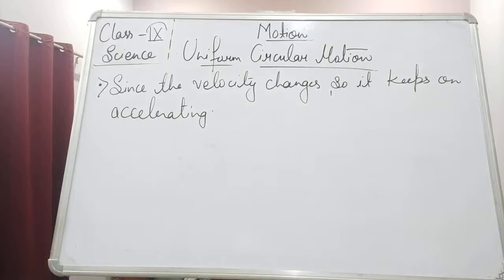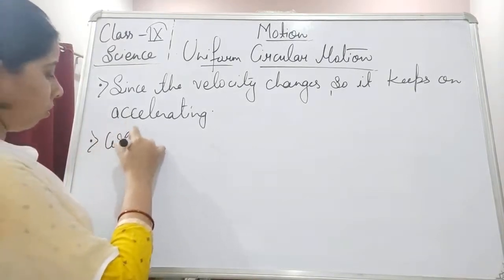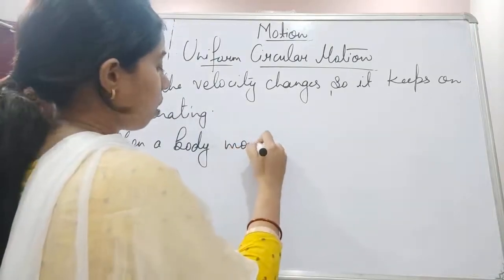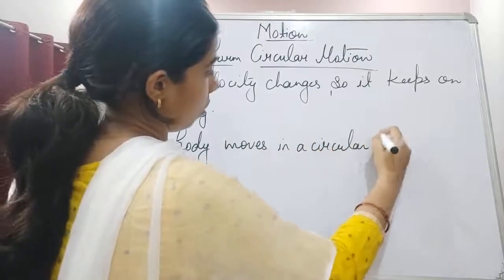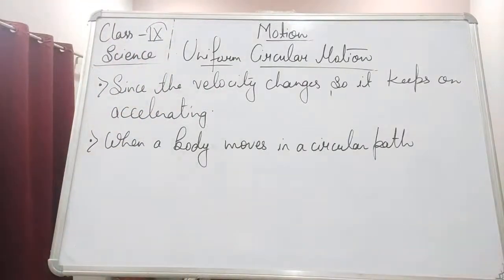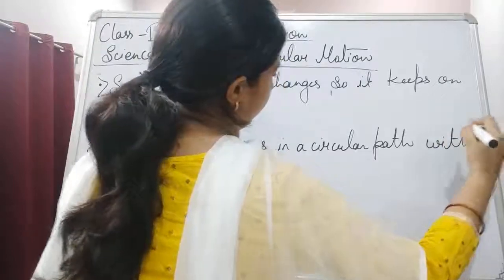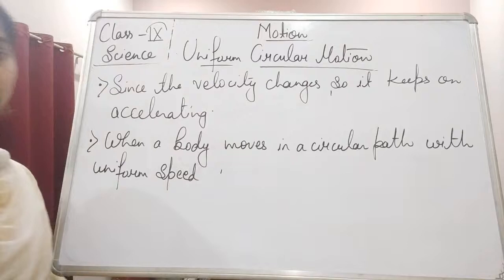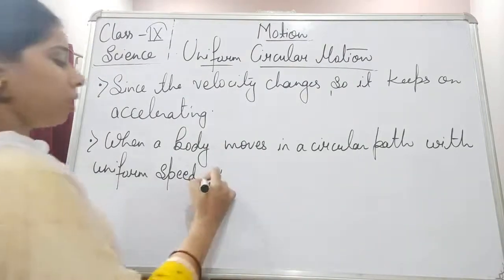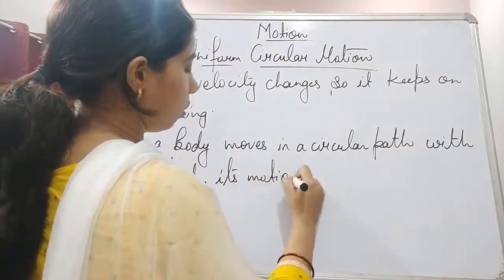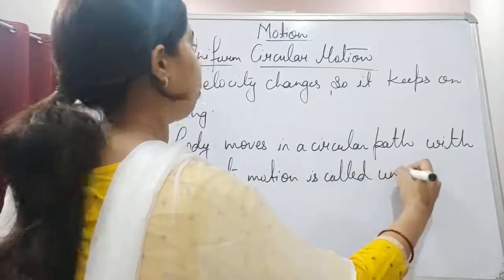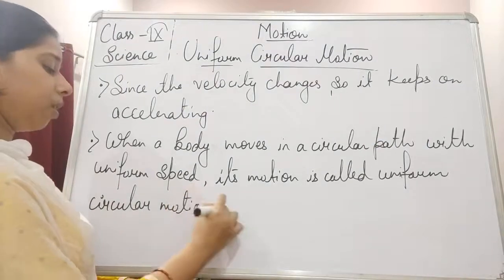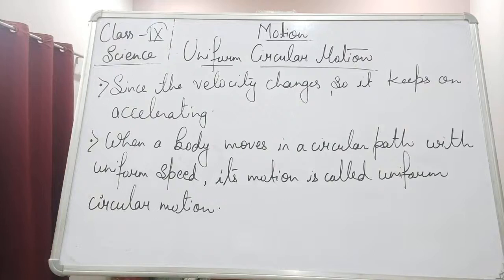We can write it: when a body moves in a circular path with uniform speed, changing the direction continuously, its motion is called uniform circular motion.